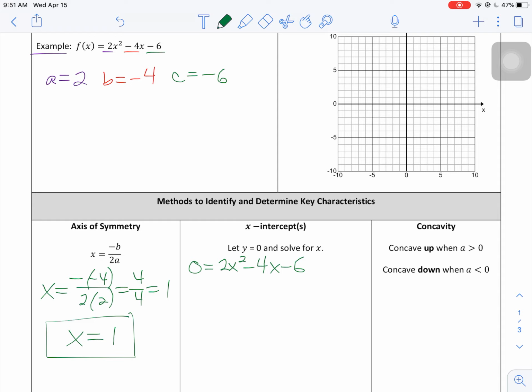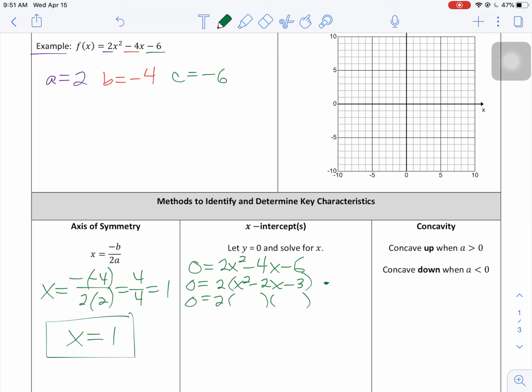So whenever I'm trying to factor, I always want to divide out a greatest common factor first if one exists. So on this problem, all of those terms are divisible by 2. So I'm going to divide everything by 2. Then, looking at my leftovers in the parentheses, I see a basic trinomial.